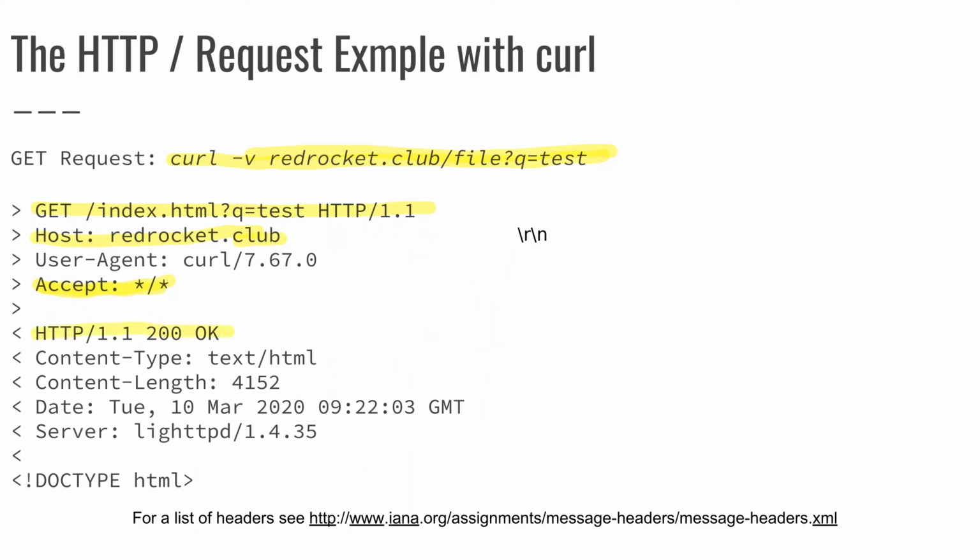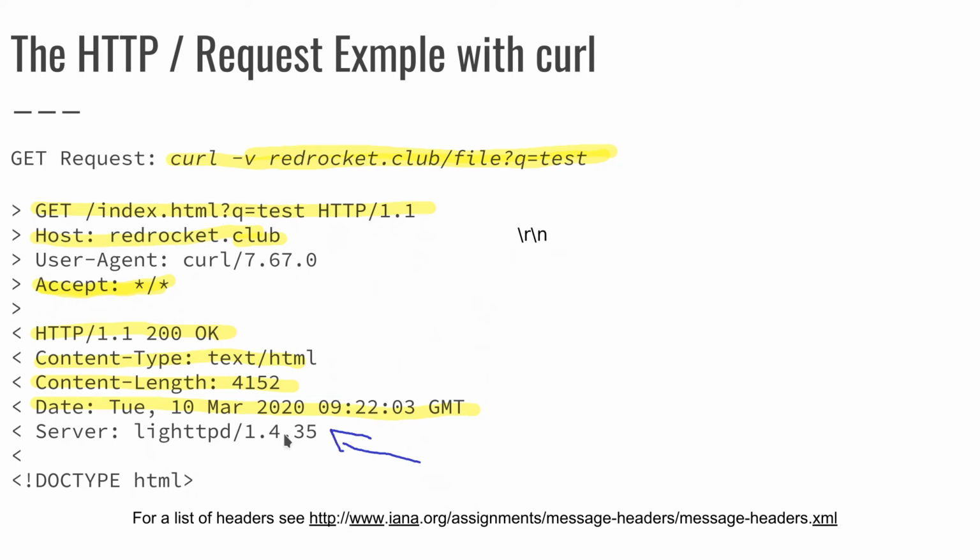The server responds HTTP 200 OK, which means the request can be served. We get a content type, so the browser knows how to interpret the answer. We get a content length, which is important, obviously, and then the server date, which is a mandatory header. And sometimes we get information like the web server being used with a version.